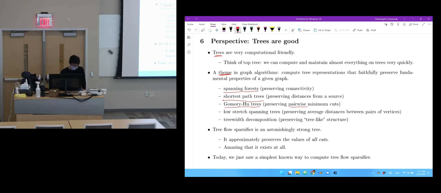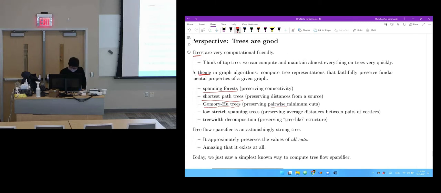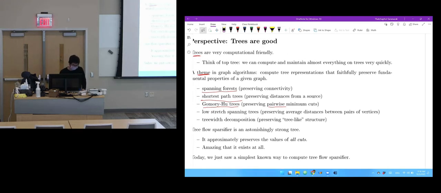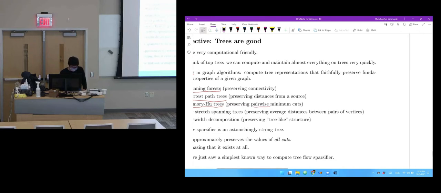Exactly. If anyone doesn't know, I'll just tell you what it is. No? Okay, good. So it's a cool tree to know. Surprising that it exists too.